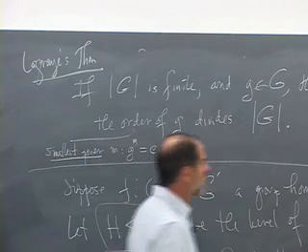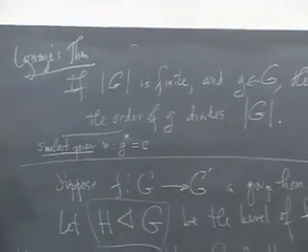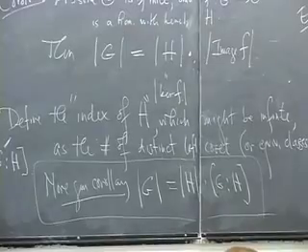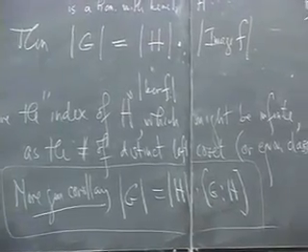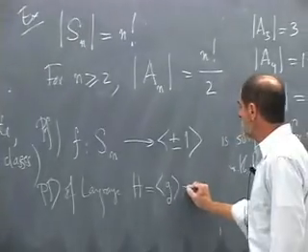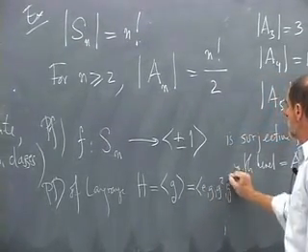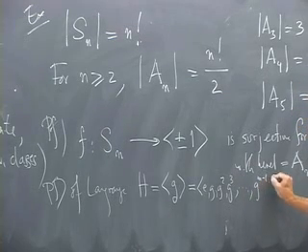And the way you prove it is to use this more general corollary. Proof of Lagrange: you let H be the subgroup generated by g, which contains the elements e, g, g squared, g cubed, all the way up to g to the m minus 1.